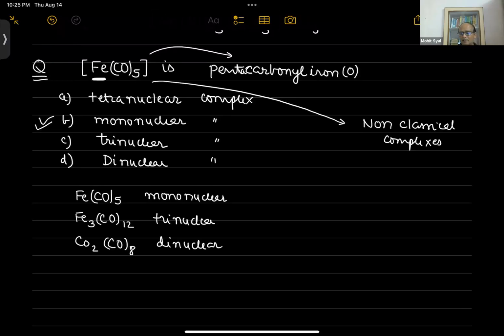Okay, classical and non-classical complexes. Suppose you have a metal ion and there is a ligand like NH3 or water, aqua, amine. Normally this is a classical complex. Got it?